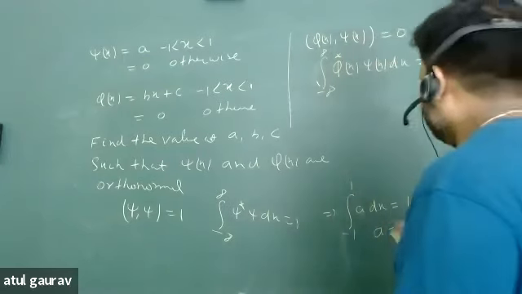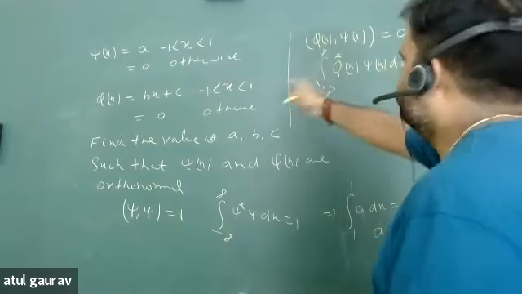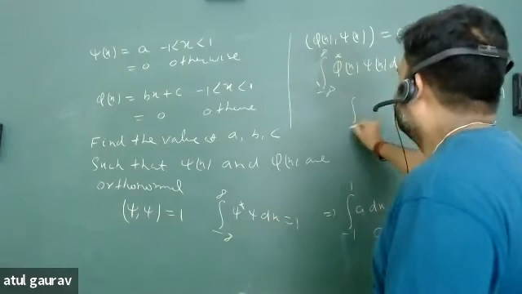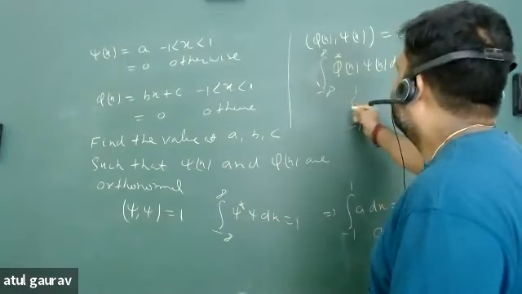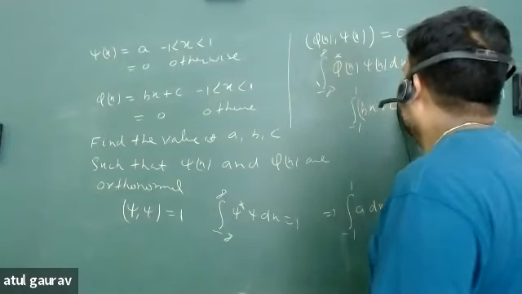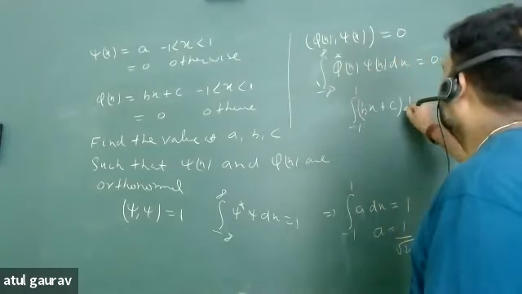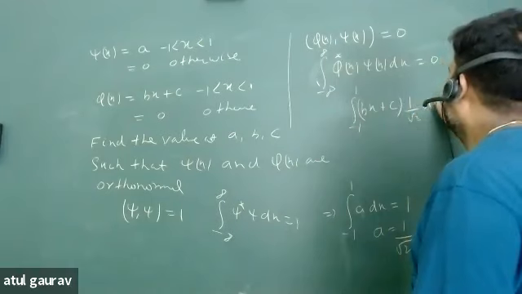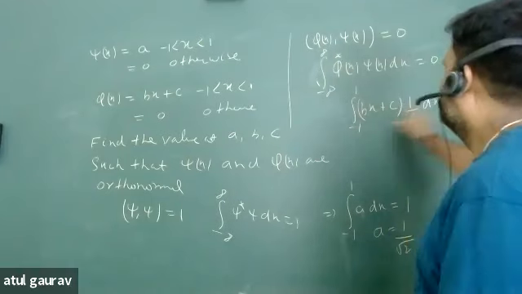Obviously psi x is equal to a, which is 1 by root 2, so we will go for integration from minus 1 to 1, where phi x is bx plus c, times 1 by root 2 dx is equal to 0.